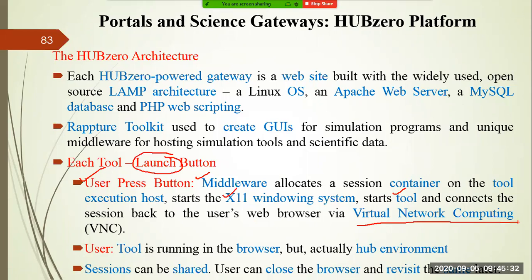So the user thinks that this tool is running on the browser. Whenever you are using Zoom also, you are using the computer browser to do the work. Suppose I have not installed Zoom. I am using Zoom in the browser, right? So in the user's perspective, this is treated as a browser, but actually it is running in the hub environment, right?